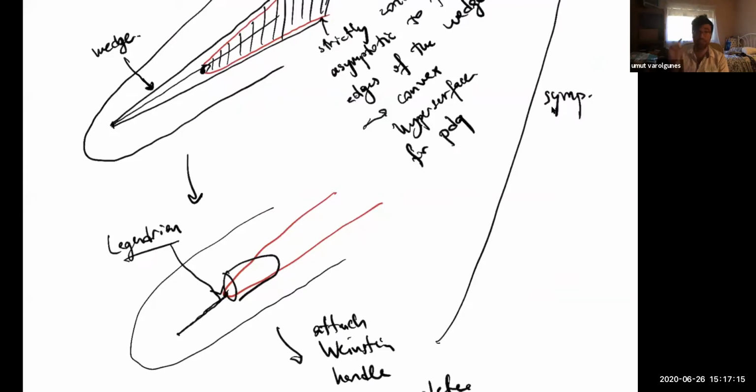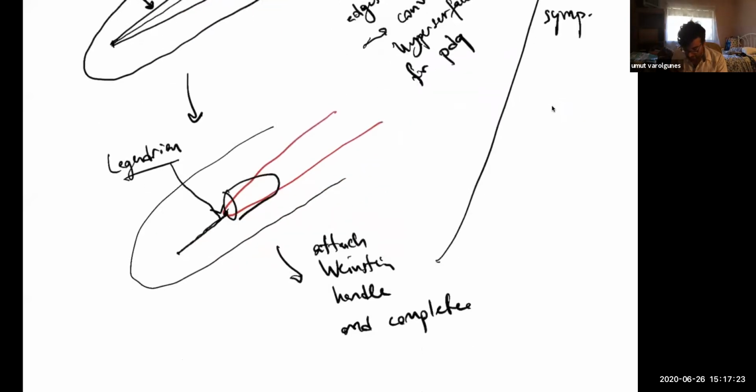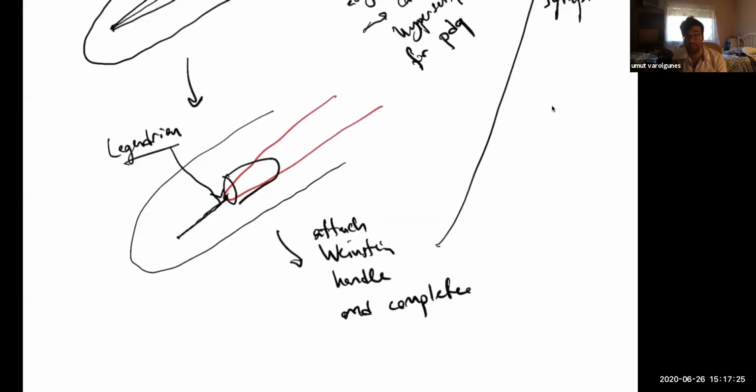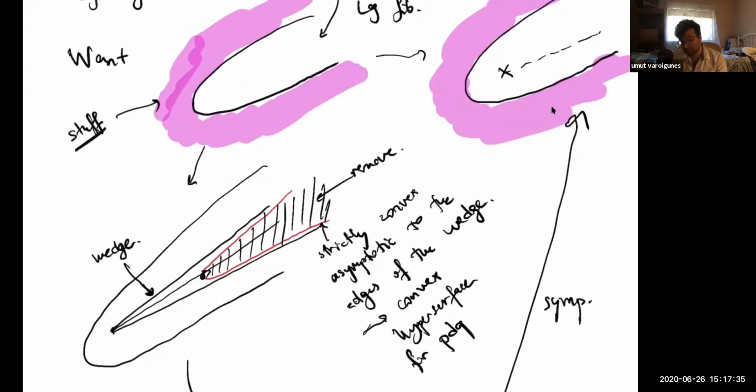There's a Lagrangian living over it, and there's a Lagrangian at the boundary of that Lagrangian. And you can attach a Weinstein handle to that Lagrangian and obtain a Liouville domain with boundary, and then complete. And then you should be obtaining this manifold with a cut.